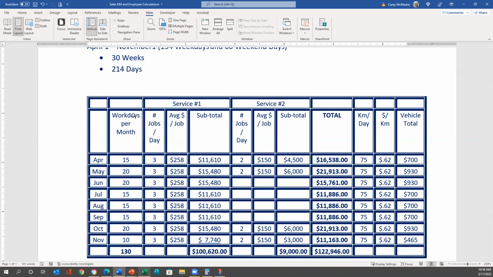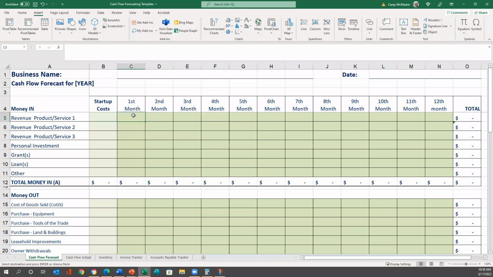So what I do now is go to my cash flow and I start populating. So I'm just going to round these numbers up or down, whichever the case, and put them in.